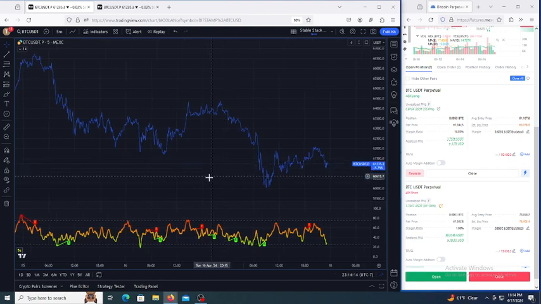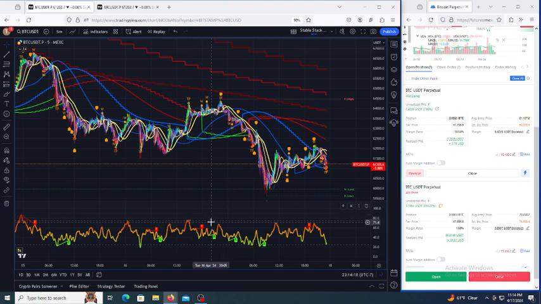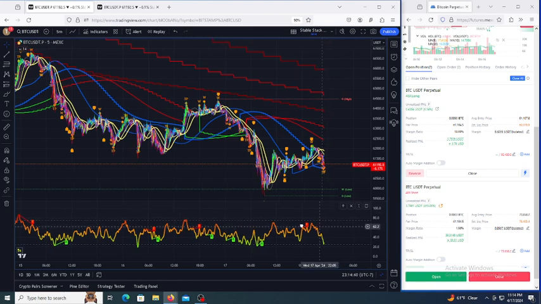Okay, so see right here, the last hit was to the upside, and then it came down, so the last hit here was to the downside. So here it hit to the upside, all this is going down. You want to look for down signals. Right here it hit to the upside, so you want to look for up signals until you see a strong down signal again. Then you'll look for down signals.